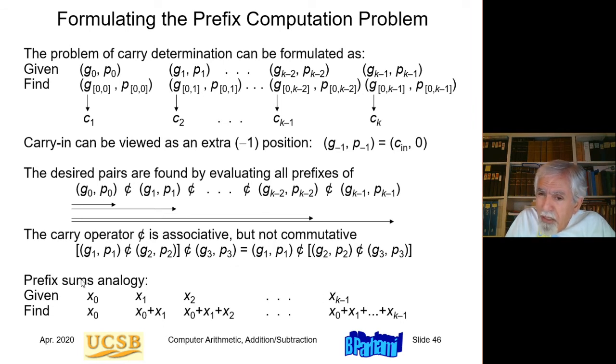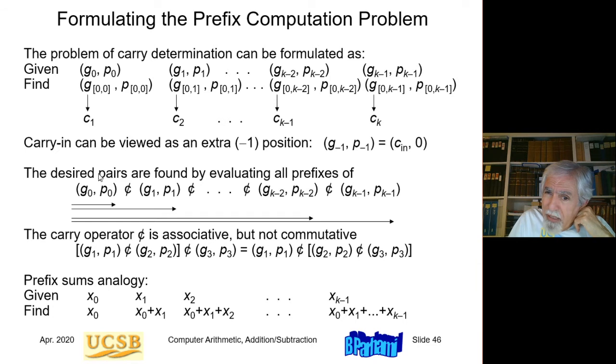Now, any circuit that computes these sums using adders, this plus sign represents adders, can be converted to a parallel prefix carry circuit by replacing the inputs, which are integers in this solution, with these pairs of bits, and the addition operator with the carry operator. With one provision. Addition happens to be commutative, so it doesn't matter whether you compute x0 plus x1 or x1 plus x0, okay?